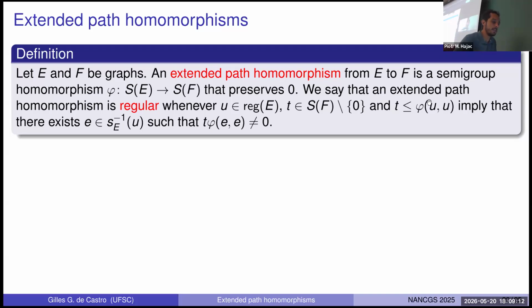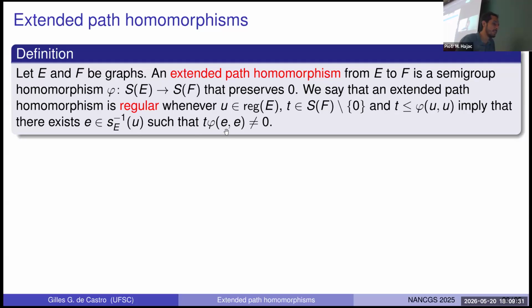Then again, this is looking at the inverse semigroup theory and the notion of covers for inverse semigroups: whenever we have an element T which is smaller than this phi UU in the partial order of the inverse semigroup, then this T must be comparable in a way.